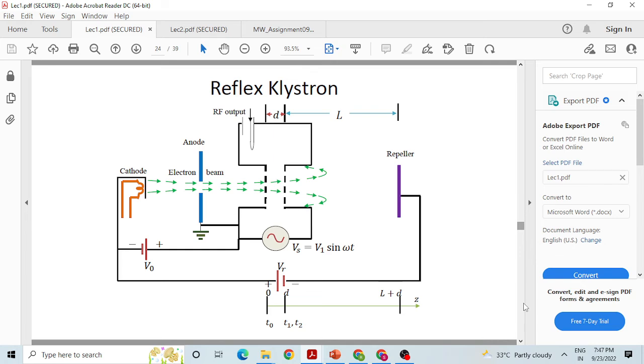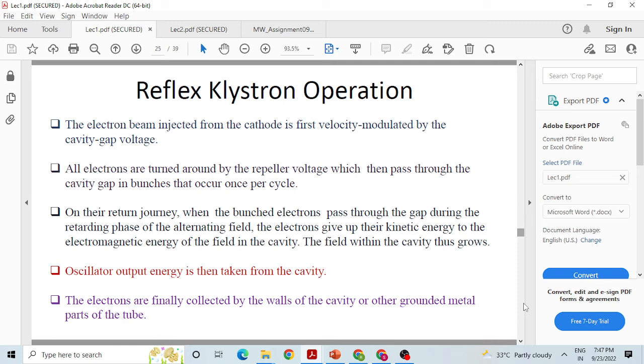Okay, I understand that. So basically, any oscillator, not just a microwave oscillator, starts from a very feeble noise signal or something like that, right? And the feedback makes it amplified. So think from that perspective about how the microwave oscillation is generated here. First the electron beam is injected from the cathode and velocity modulation happens, as you already said.